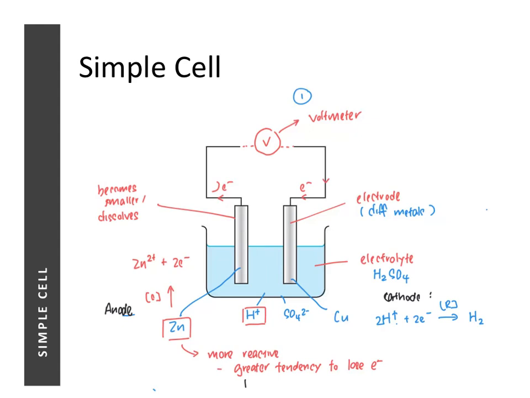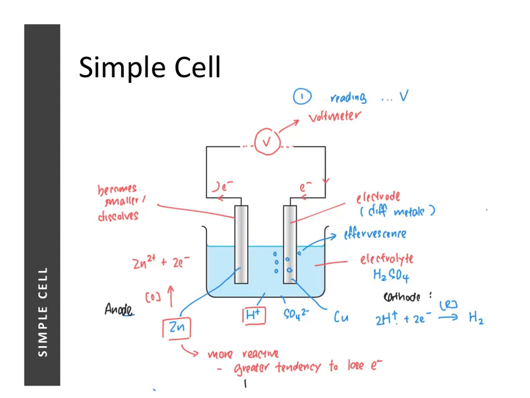At the cathode, you will observe bubbles or effervescence forming. This is due to the production of hydrogen gas at the cathode. And then of course the last observation that you will see is this: because a current now flows through the external circuit, you will see a reading on your voltmeter. For example, something volts.